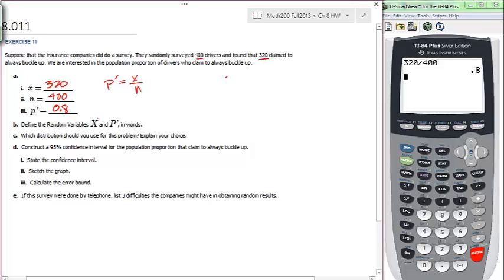So define the random variables. X is in fact going to be our binomial distribution. In words, let's first talk about this in words. X is going to be the number of drivers who claim that they always buckle up.